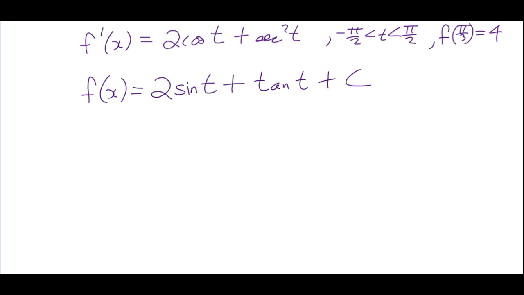Now we know that f of pi over 3 is equal to 4. All right, hang on. Let's throw t's in here and here, because x's really wouldn't work all that well. So I'm going to use t's, and I need to be consistent.